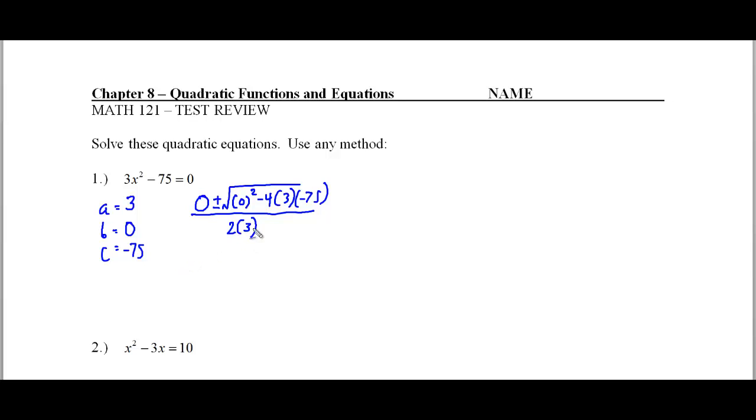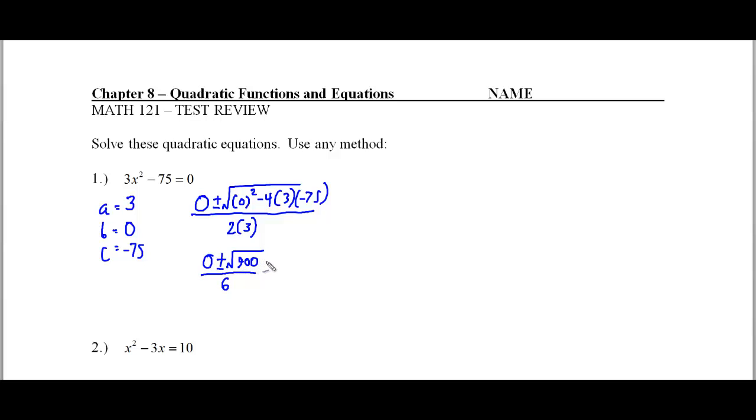Okay, so now we're going to simplify this. 0 squared minus 4 times 3 times negative 75 gives you an answer of 900. So it's 0 plus or minus the square root of 900 over 6. Now, 0 is going to make things a little easier because 0 is just 0.